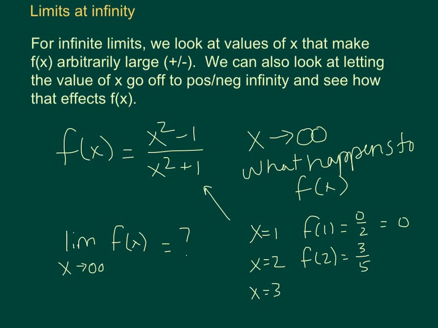We could let x equals 3 and find that f of 3 is equal to 8 over 10. And we're starting to see that we're definitely getting an increase in the values, that 3/5 is smaller than 8/10 or 4/5. From 0 to 3/5, 3/5 to 4/5, we're actually increasing the value of f of x as x is increasing. The question is, does that continue on that pattern, or does it stop? Is it approaching a particular number and we just don't see it yet?